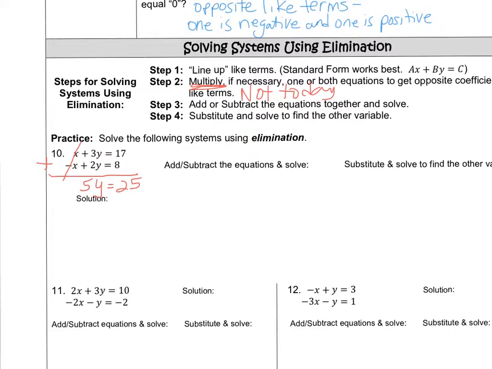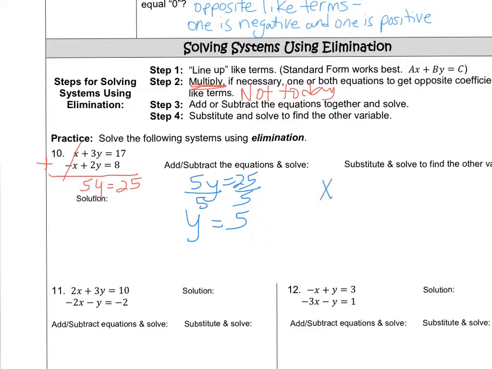Okay, so we've got 5y equals 25. We divide both sides by 5, and we get y equals 5. Now that we know y equals 5, we can plug that back into one of the equations. Doesn't matter which one. I'm going to go ahead and do the top equation to get what my x value is.